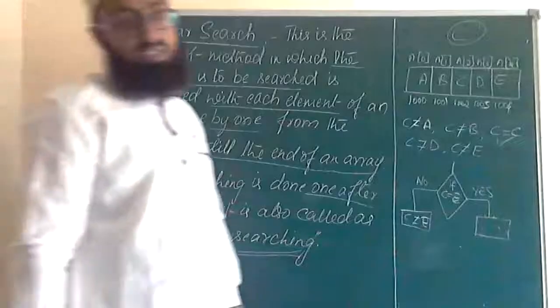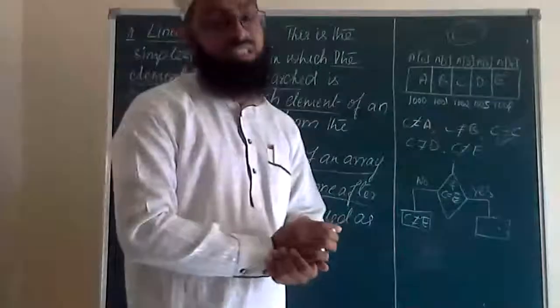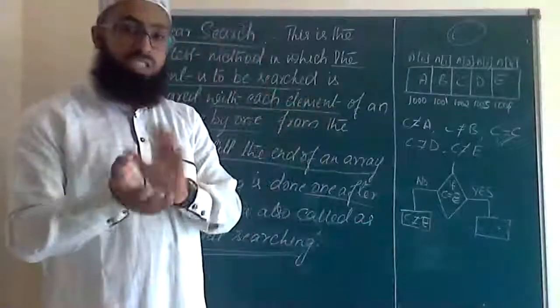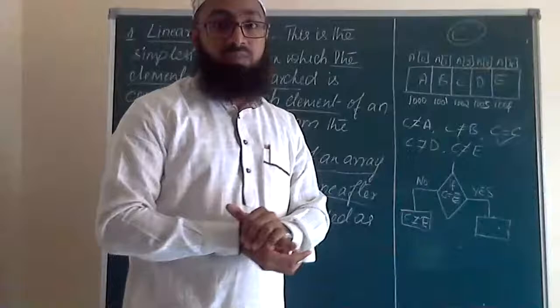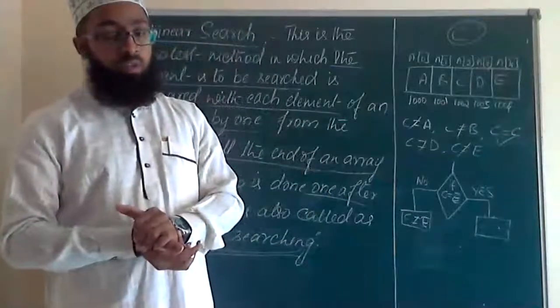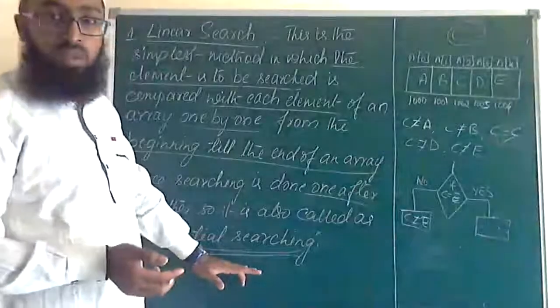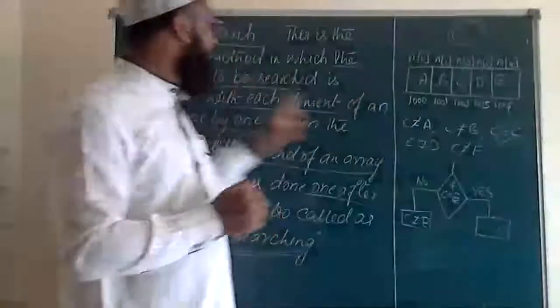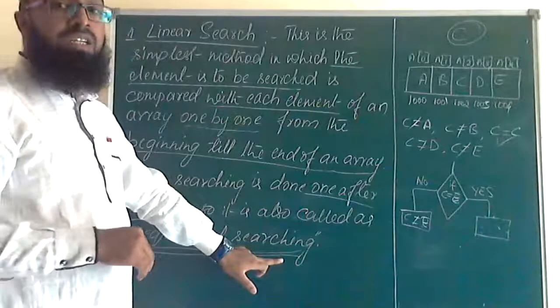You may get a question: which searching is called linear searching, or you may get a twisted question like this: explain linear searching. At that time you will get confused. Which is linear searching? Sequential searching. So remember that linear search itself is called sequential searching.